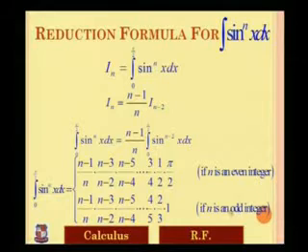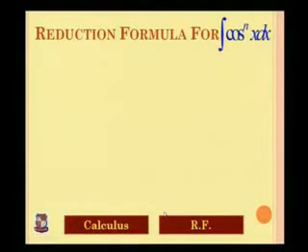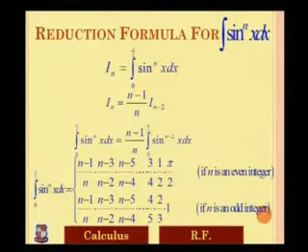If n is odd, then we have this formula: (n minus 1) upon n, (n minus 3) divided by (n minus 2), (n minus 5) divided by (n minus 4), up to 2 by 3 into 1. This is the reduction formula for sine raised to n x dx.